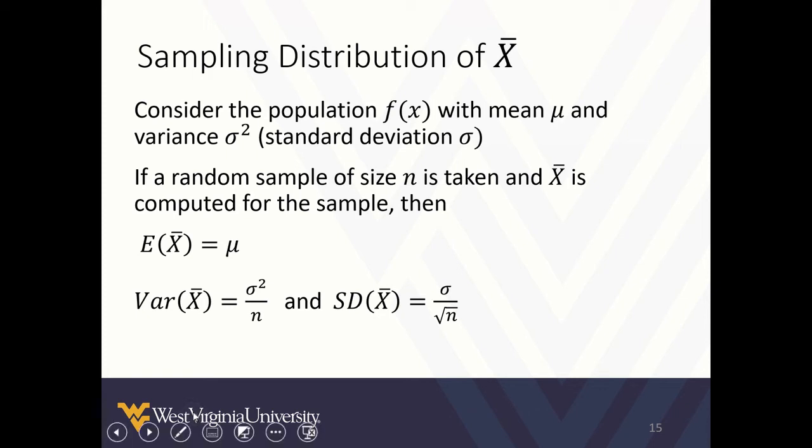So if you think back to our earlier example with the live births, I said that we noticed the population mean stayed the same, but what changed was the standard deviation. And what occurred in that case is the formulas we see here, which for standard deviation would be the population standard deviation divided by the square root of our sample size.